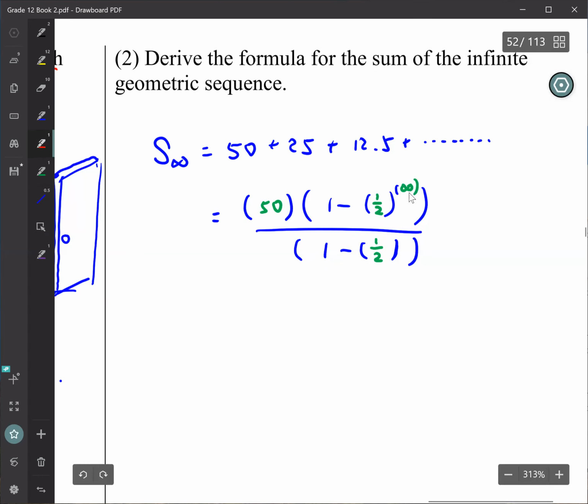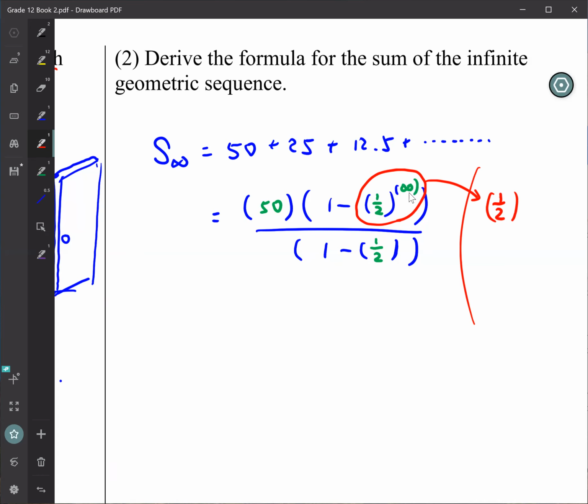I'm going to write this out to the side and think about this: if I take 1/2 and raise it to a really big exponent, say 50, I don't know if the calculator can calculate that. Maybe it's too big. Let's do something smaller, let's just do 10.